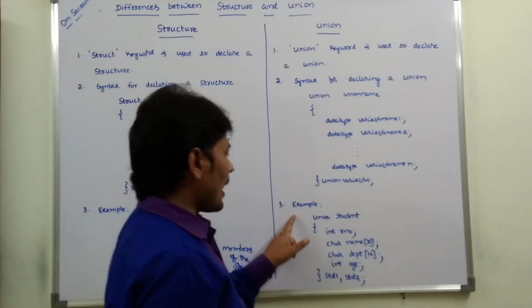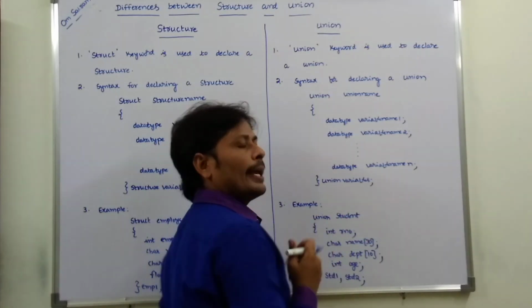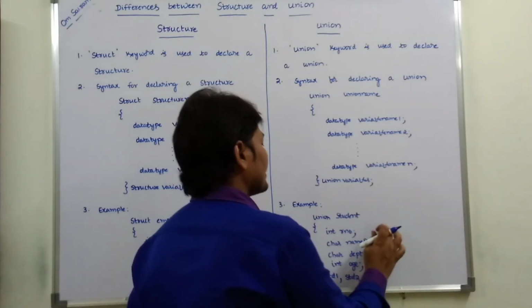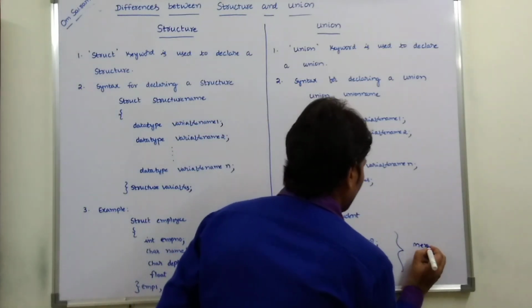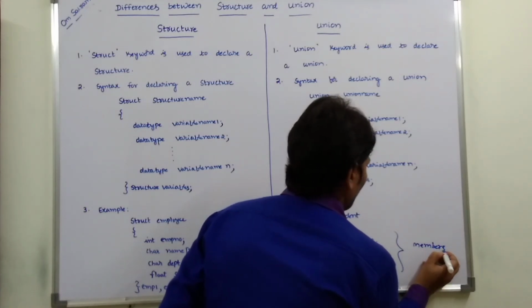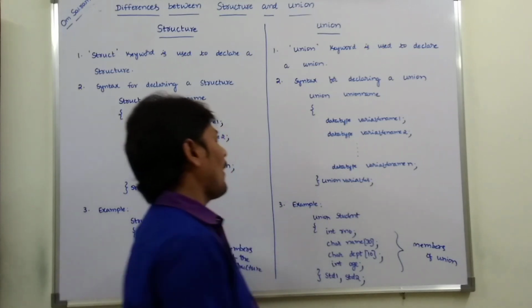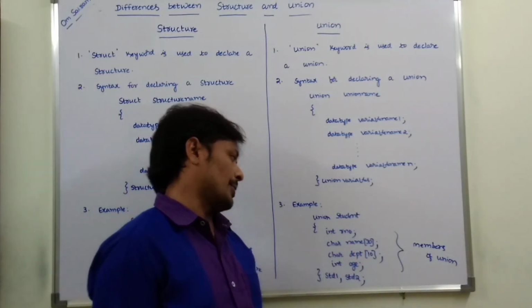Next, what is the example for union? The union name is student, also called the tag name. What are the members of the union? The members of the union are roll number, name, department, age.